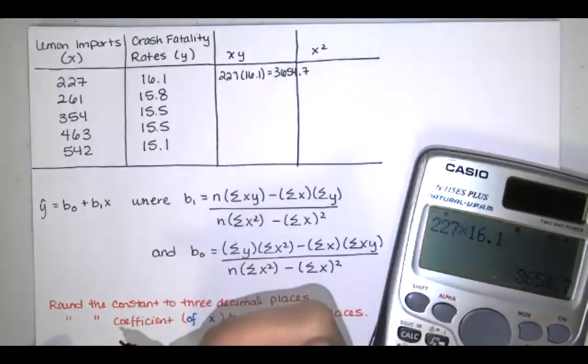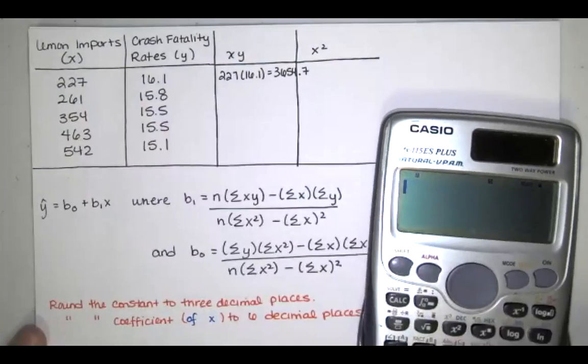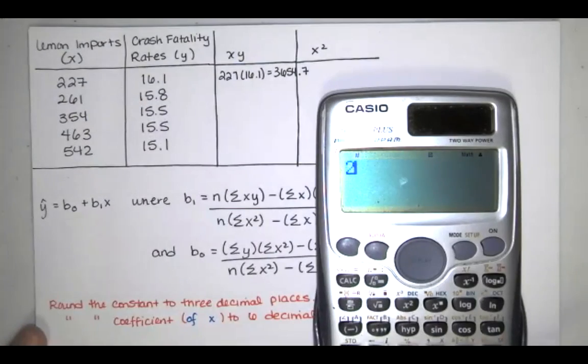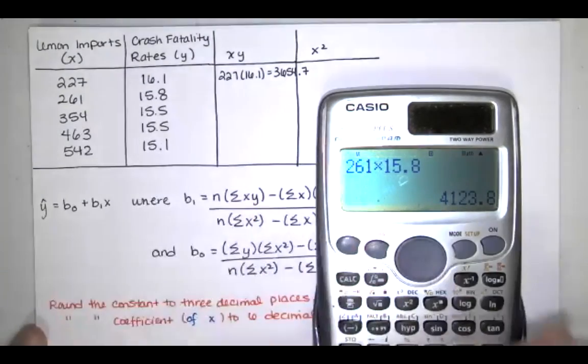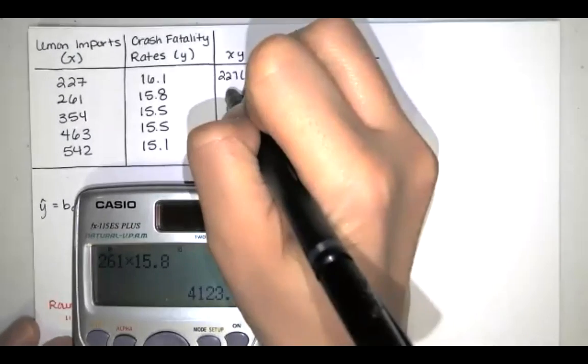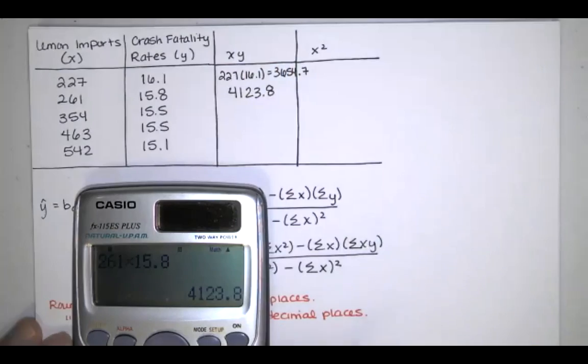And there's not quite enough room, but we want to do that for all of these rows. So we'll do 261 times 15.8, and we get 4,123.8. Then 354 times 15.5.